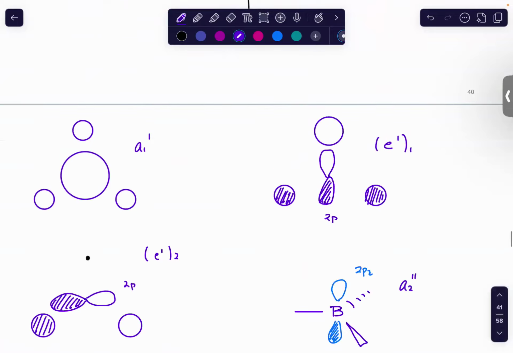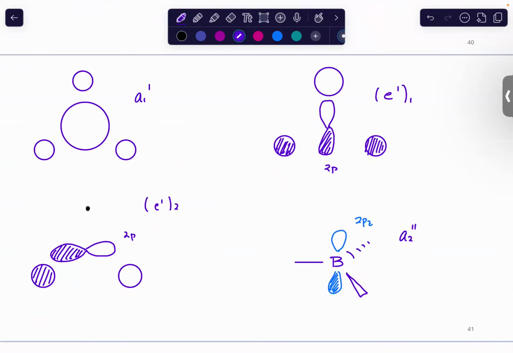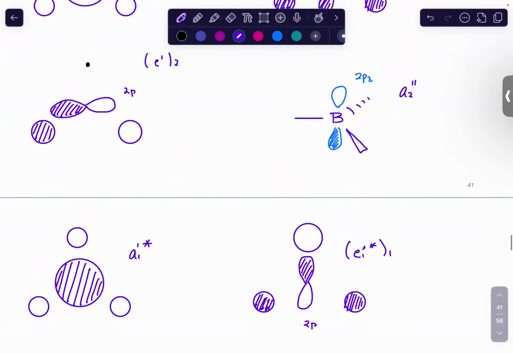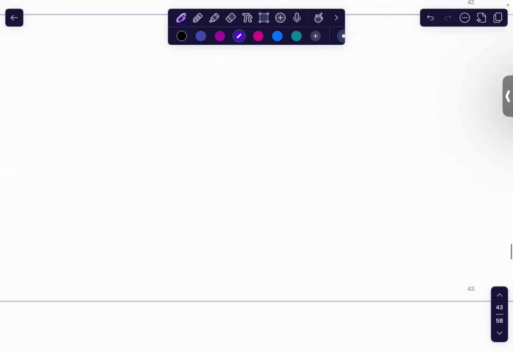Okay. So we go back up here. Which one is the lowest energy? A1 prime. And then the E primes, those two, what would those look like? I'm going to put an A1 prime there. How would I do the E prime level? I think they'd be pretty much the same.